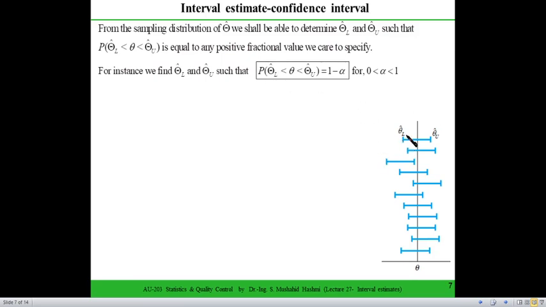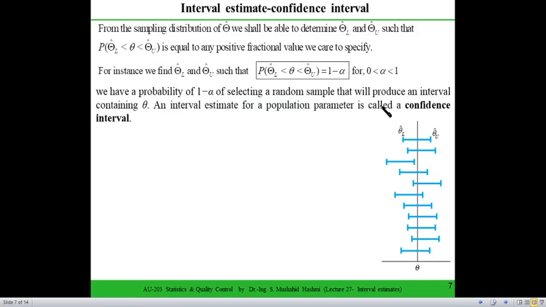And the lower limit value of the small theta cap L would be representing the value of the estimator, which is actually called an estimate. So let's say the probability is 1 minus alpha, and alpha can range between 0 and 1.